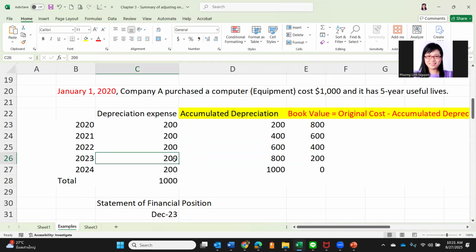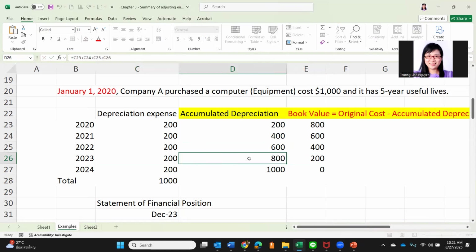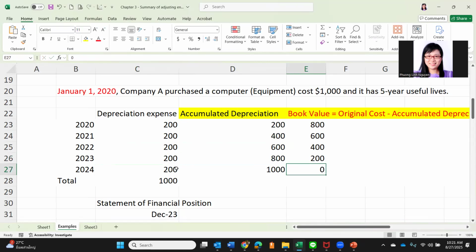For year four, another 200, accumulated depreciation will be 800, and book value will be 1,000 minus 800, that will be 200. And finally, the last year, we depreciate 200, and accumulated depreciation will be the whole 1,000. And at the end of 5 years, book value becomes 0.